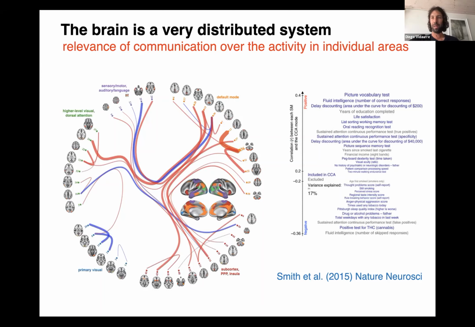This is just one of many studies, which I only put because it's ours, where we showed that when you want to predict a lot of psychological traits and clinical things that relate to mental health, often it is the actual interaction between regions that predicts best, above and beyond the activity in these regions separately. We published this in this paper.